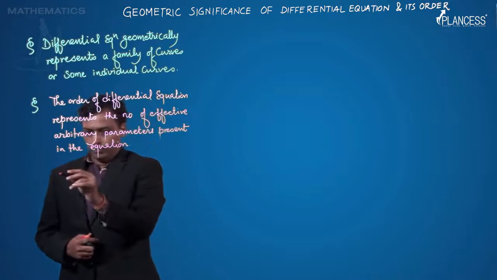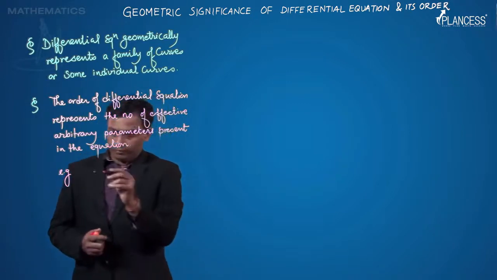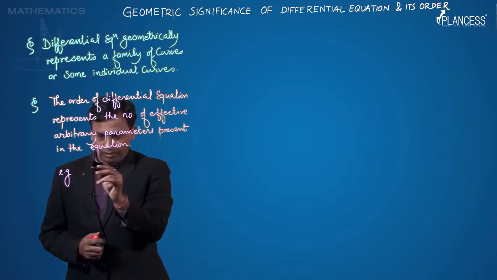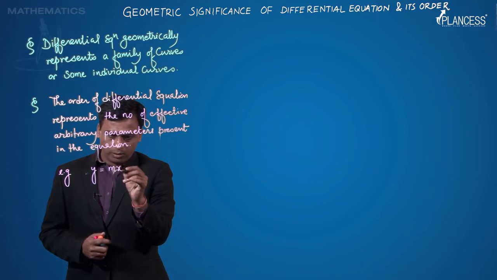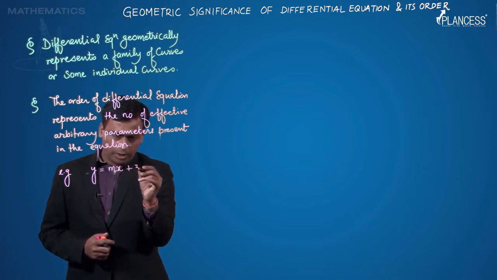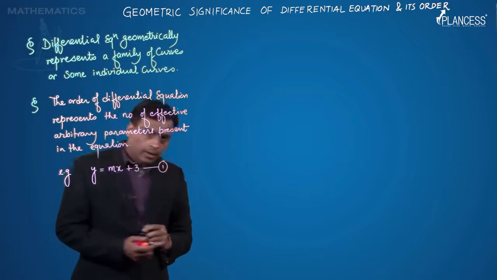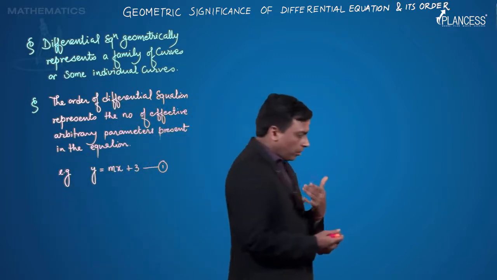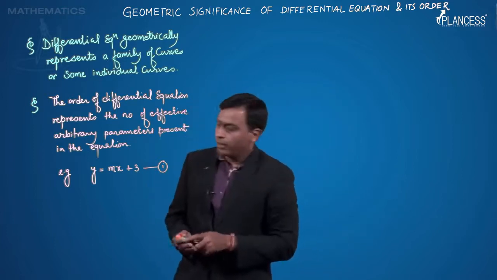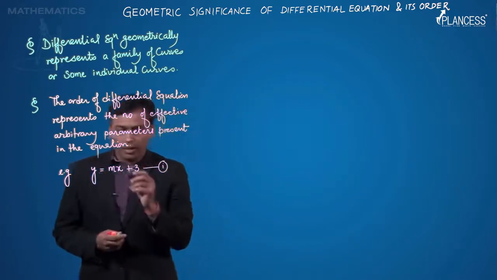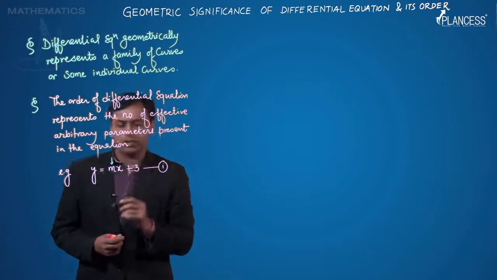For example, if we have a family of curves given as y equals mx plus 3, definitely the differential equation of this family of straight lines has order 1, as there is a single parameter present in it.